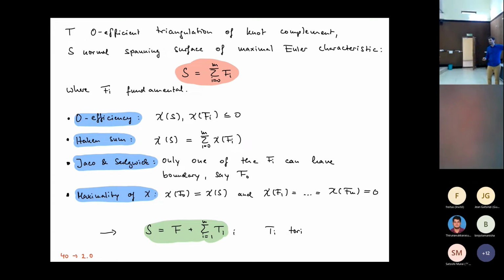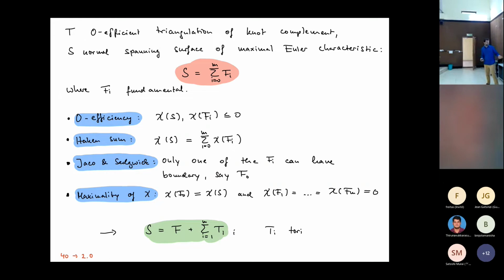We can write it as a sum of fundamental surfaces, where the F_i are fundamental normal surfaces. Because of zero efficiency, we know everything is non-positive, and the Haken sum is additive, so this is a sum with no positive summands. And Jaco and Sedgwick tell us there is only one F_i with boundary, let's say it's F_0, and the others are closed.